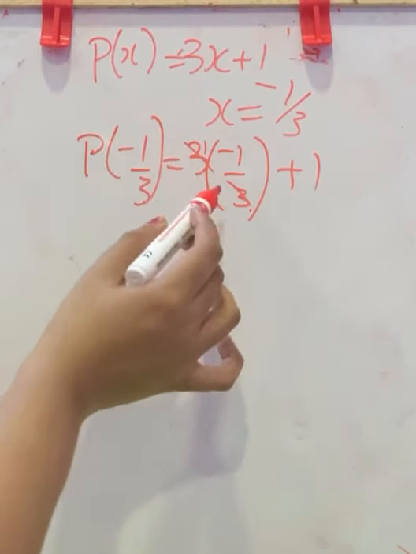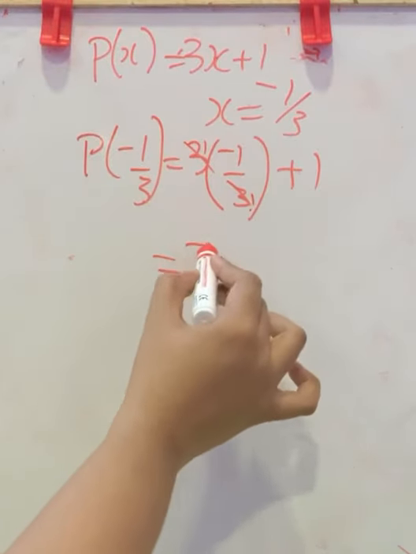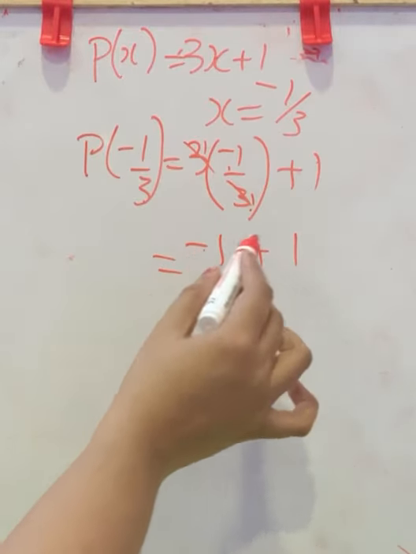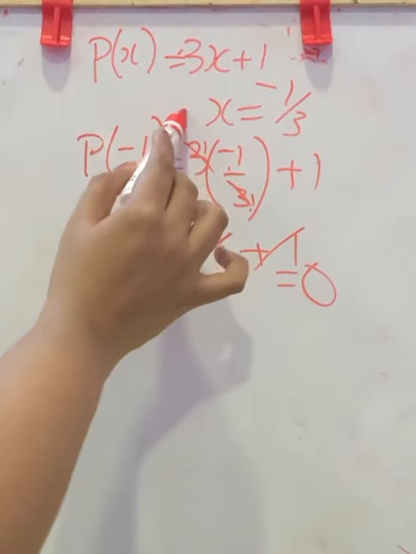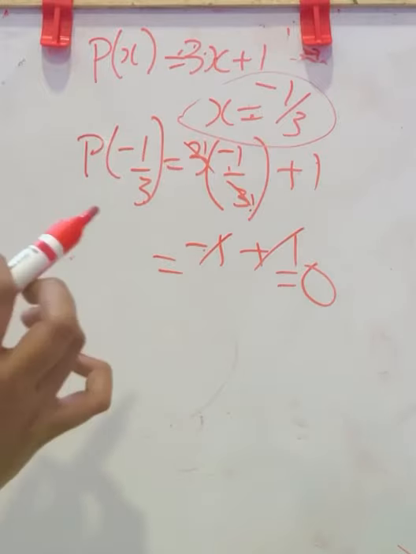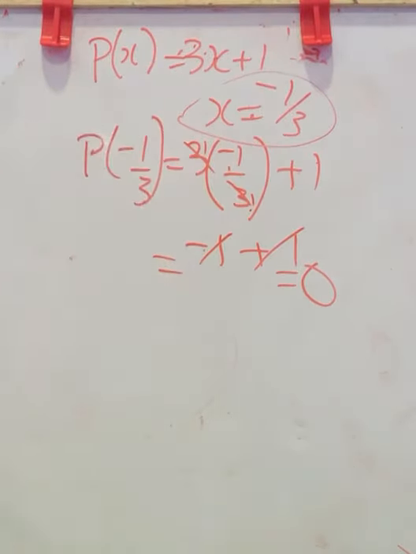That is 3 ones are 3 and 3 ones are 3. Here, result will be negative 1, and this term 1 is the negative 1 plus 1, additive inverse. So, the result is 0. Yes, this is a zero of this polynomial. That is x is equal to minus 1 by 3 is a zero of this polynomial because the result was 0.